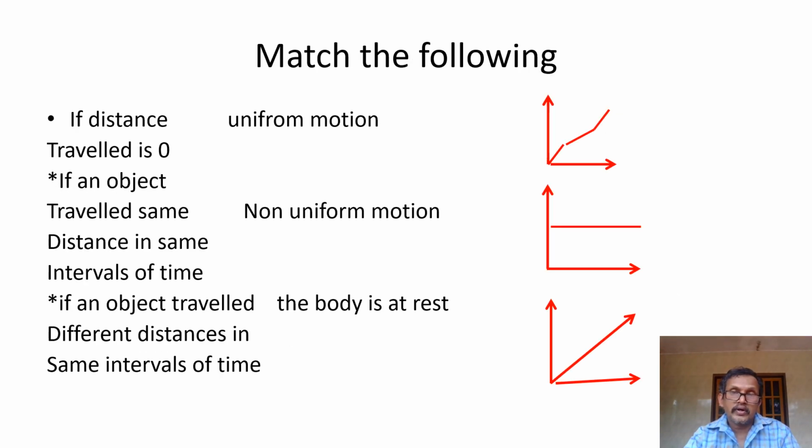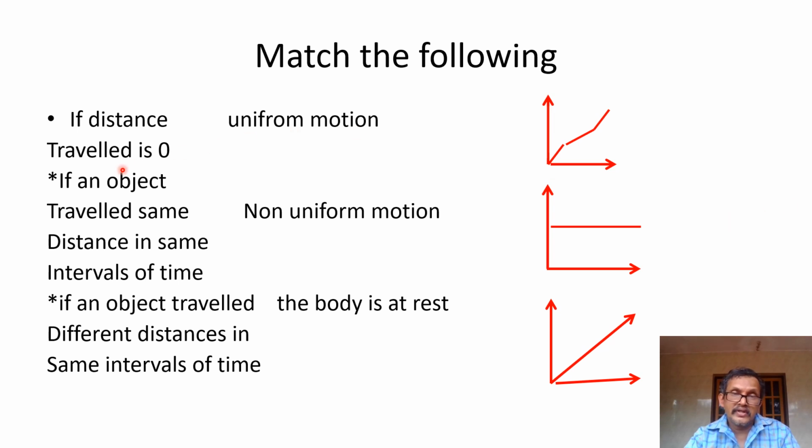Now here match the following is there. I think you are clear about uniform motion, non-uniform motion, and when the body is at rest, and what the graph is for each.